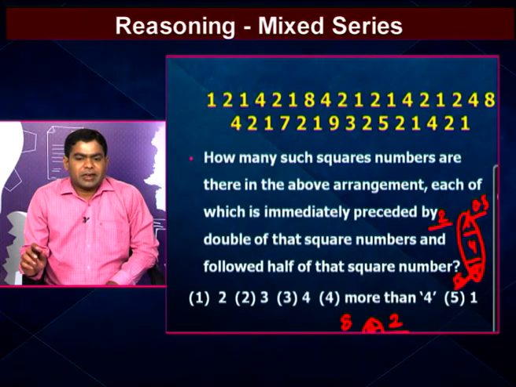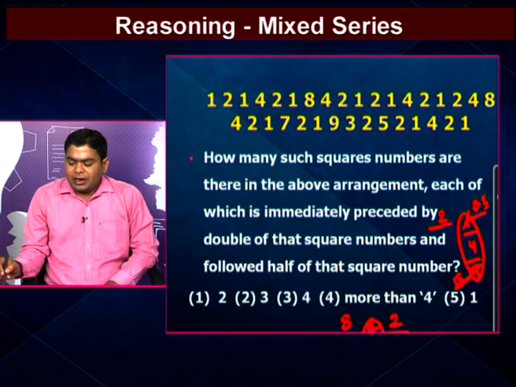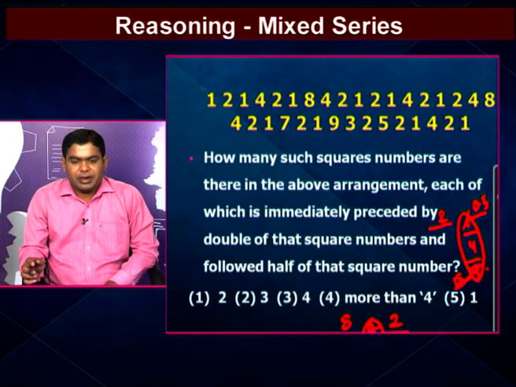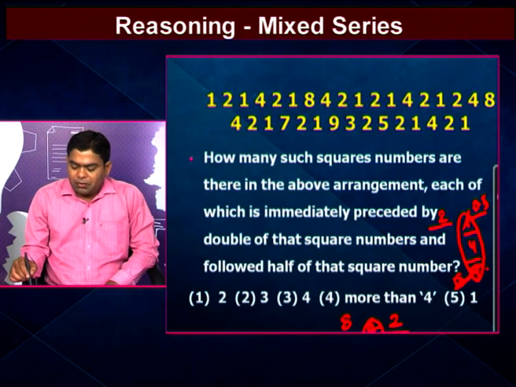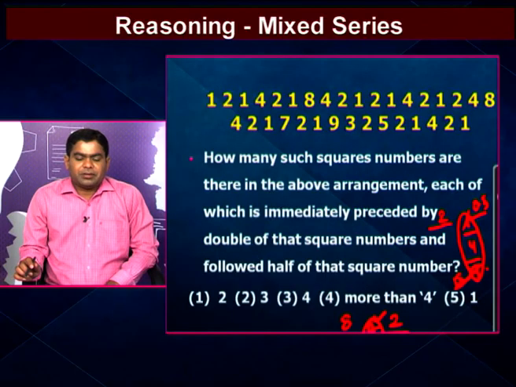But 1 does not satisfy the given condition, and 9 also does not satisfy the given condition. For 9, the right side must be half of that number, that means 4.5, and there is no 4.5 in our given series. That means only we go to the 4 and verify the left side and right side. The left side must be 8 and the right side must be 2.